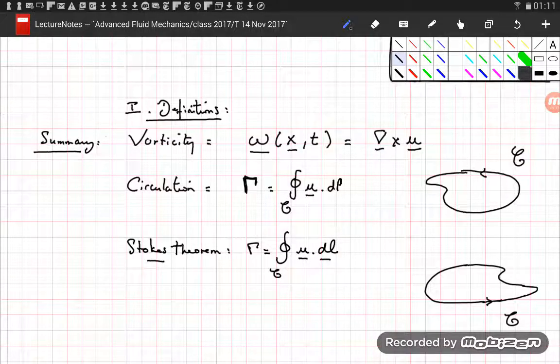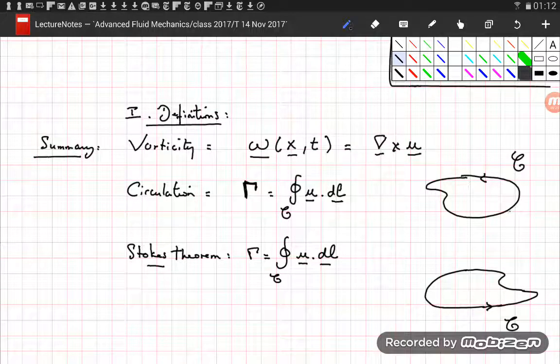So it is the integral of u, which is the velocity field, dot dl. And dl is a differential element of displacement along C. So the direction is tangent to the contour, and the length is just a small differential length.